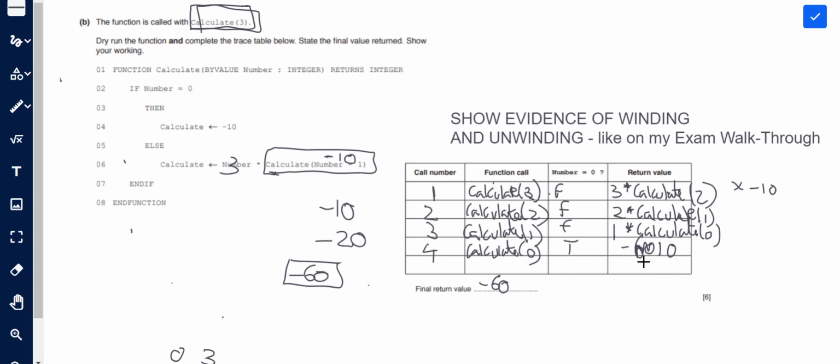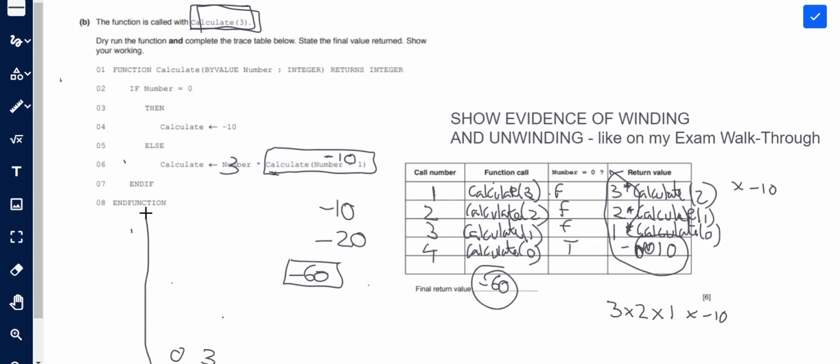I jumped ahead. So by running all of these, this is what we get in our returns. Then what we're going to do is we do our 3 times 2 times 1 times negative 10, which gives us the negative 60.